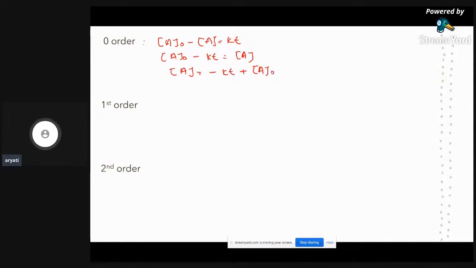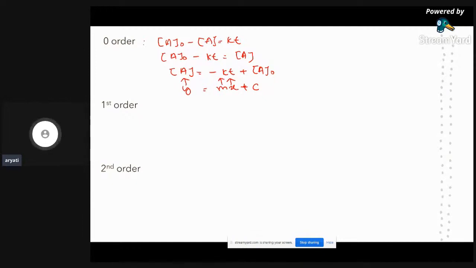So if we use this integrated equation, compare with the linear equation y equal to mx plus c, so means your y-axis is concentration of A, x-axis is the time, okay, your gradient is equal to the value of rate constant.